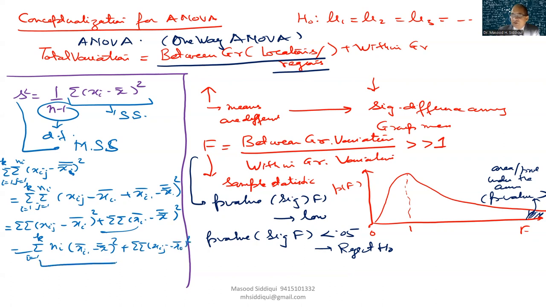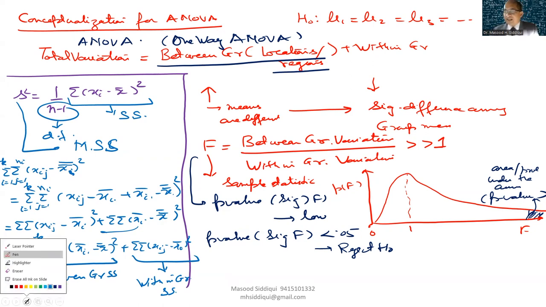So this is known as the between group sum of squares, and this is the error term, also known as the within group sum of squares. So we can say the total sum of squares is divided into two parts: one is the between group sum of squares and the other is the within group sum of squares. That's why this is named ANOVA. Now the second, right? And there is one more question that arises.